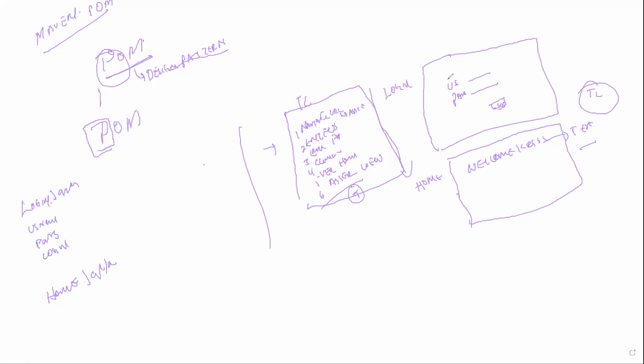These are the three objects, so I keep the three objects here. And here, what objects was I validating? I was validating the welcome text, and I'm clicking on the insurance project. I'm using these two objects here.